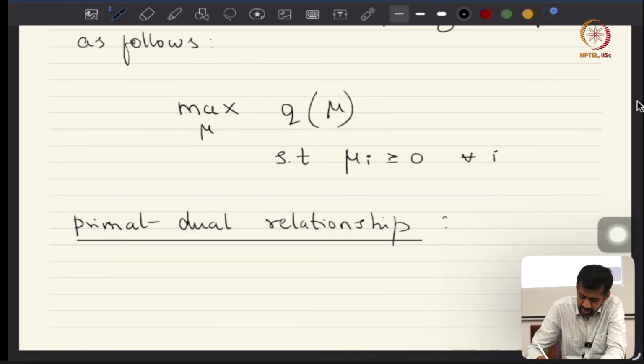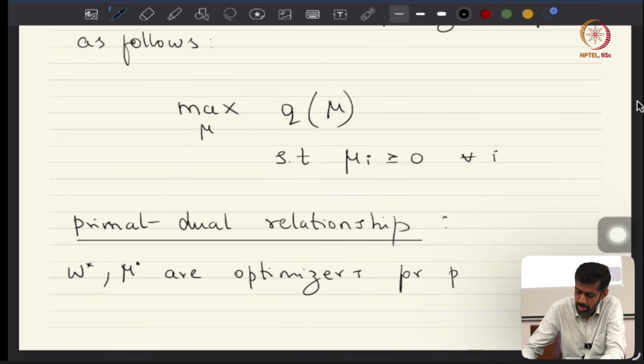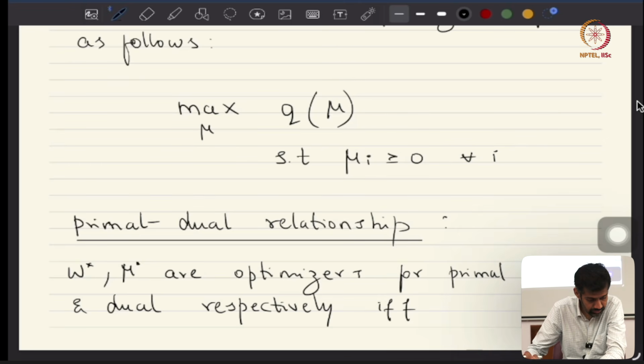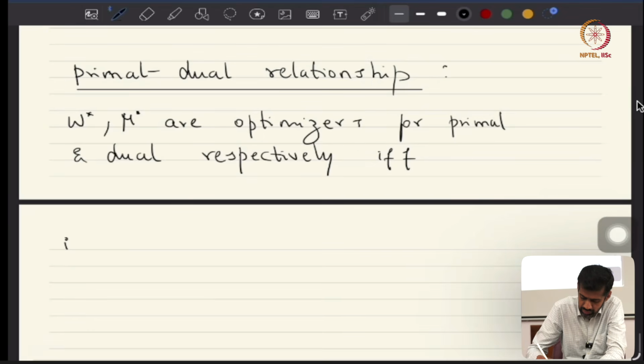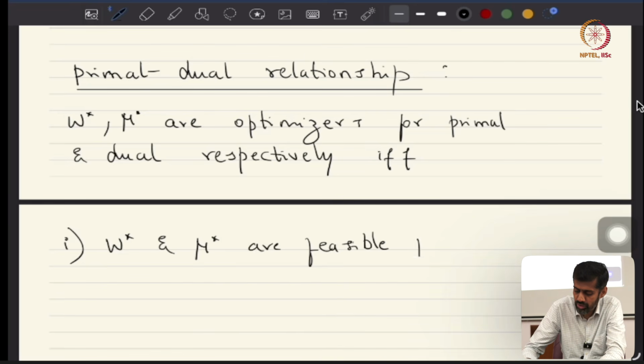What it says is that W star and mu star are optimizers for primal and dual respectively if and only if, one, W star and mu star are feasible for primal and dual respectively.